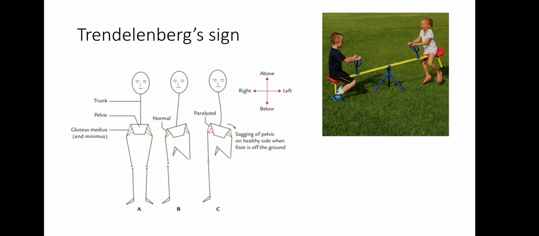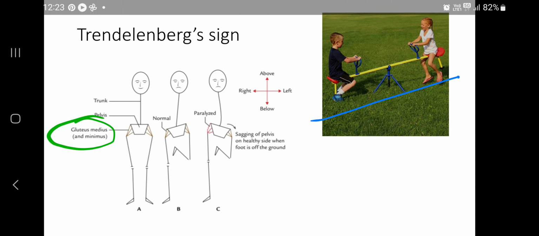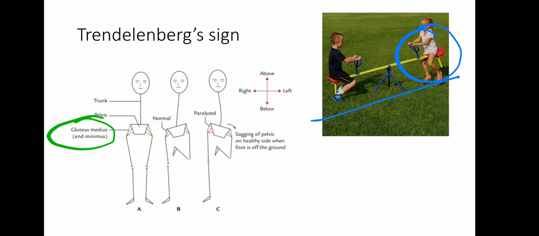What is the function of the gluteus medius and minimus? It is just like a seesaw. Can you see this picture? You can see the girl is in the air, but the boy decides whether the girl should stay in the air or drop down.